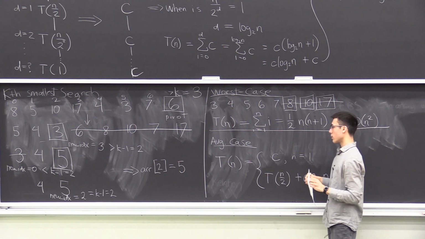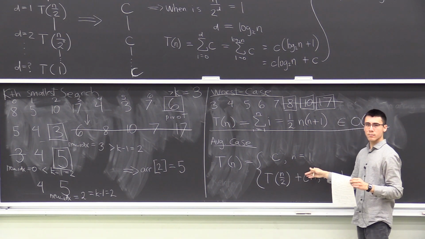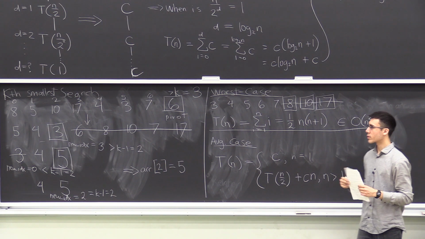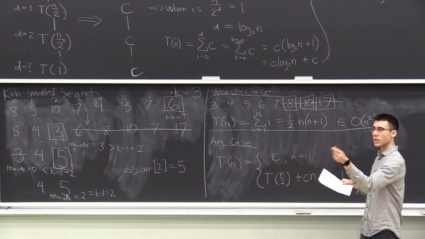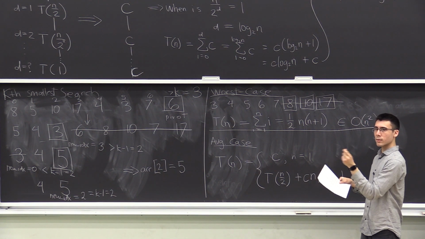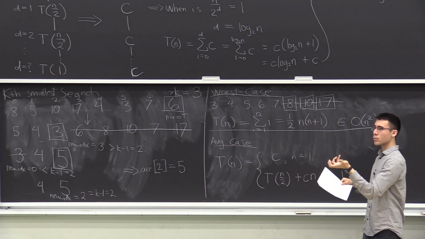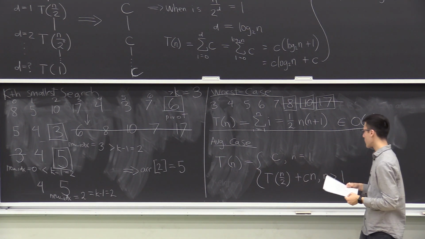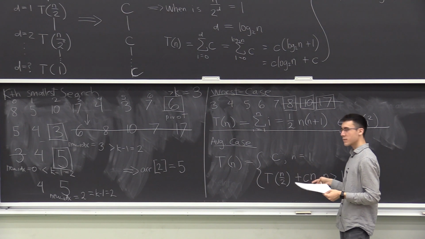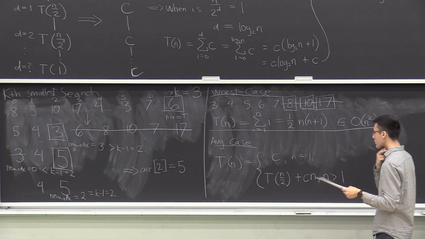Okay? So this C times n just corresponds to the partition operation, where you have to go through each element at a time and actually swap elements around. So it might be some constant multiple C times n.